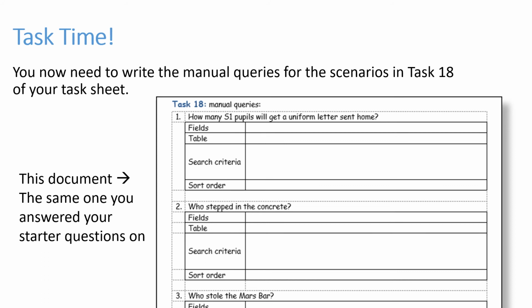Okay, so what you can do is look back at this video and see how the searches are made. You can also have a look on your task sheet where I've given you those 2 examples below your big 76 record table in order to help you do that. Okay, now this might take quite a while for you to complete, so you can pause the video or you can finish it off and then come back to this task before you finish the lesson.